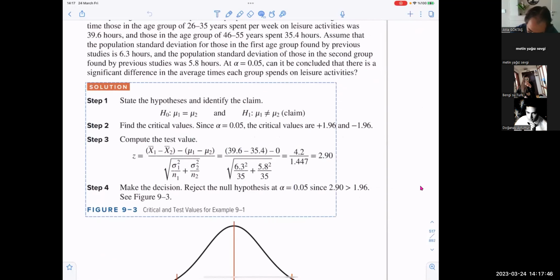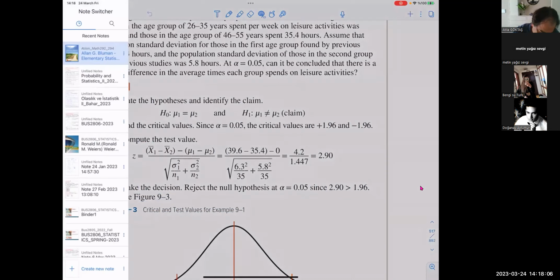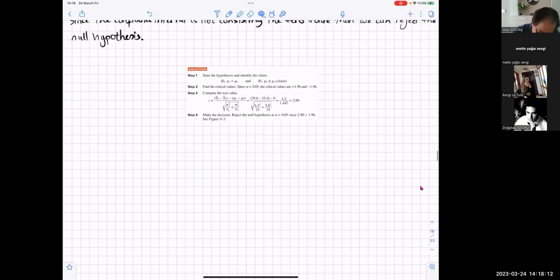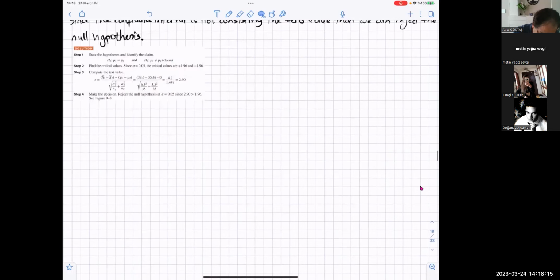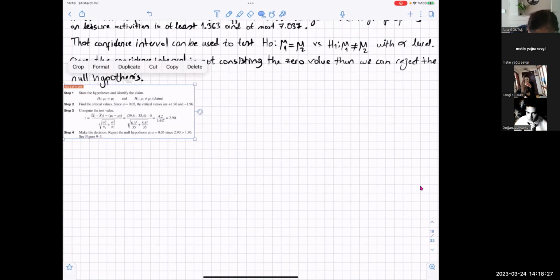Let me copy the solution of the book until here. Place it here, move it, and resize it.